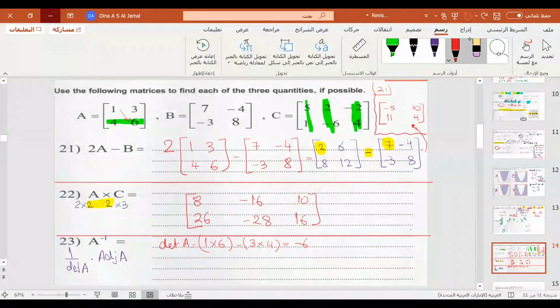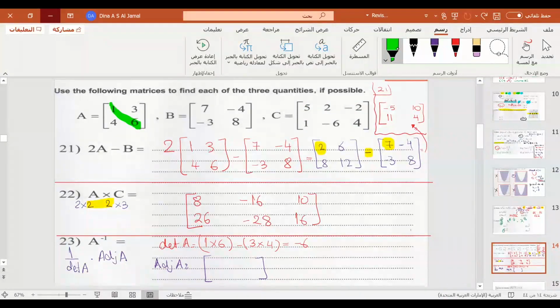Now let's find the adjoint. Your adjoint, it's all about, and pay attention now to the coloring. This diagonal, you will be switching the numbers 6 and 1. Now, the other diagonal, you will be changing signs. -3, -4.